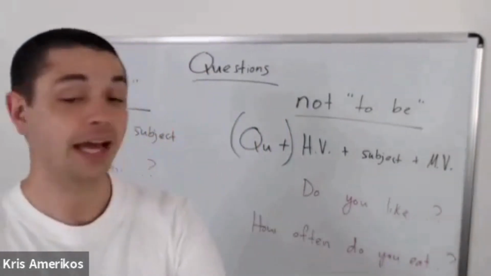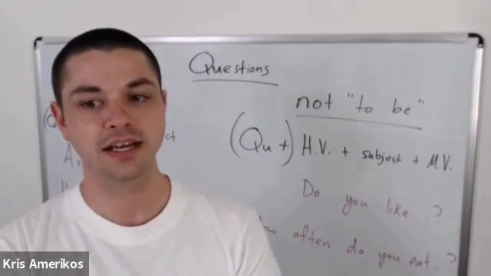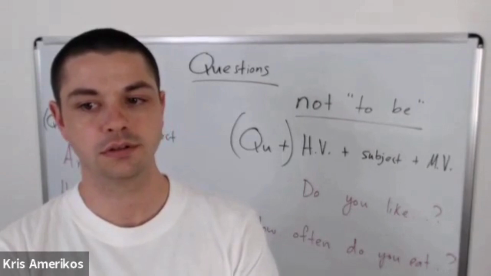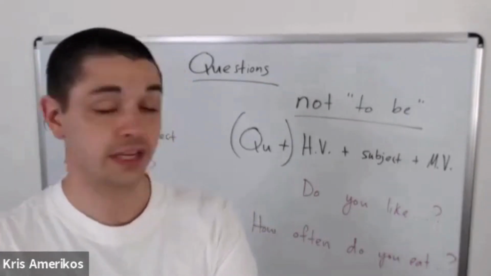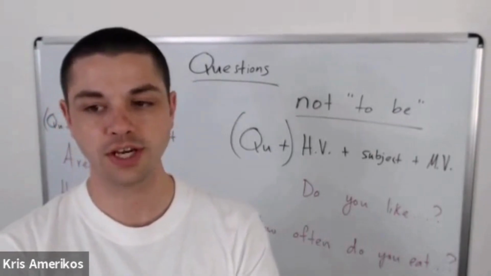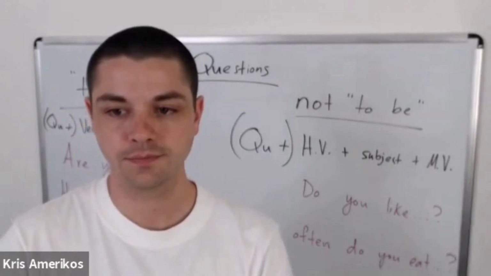Then we have a helping verb. Then we have the subject, and then we have the main verb. So just to write it again in one line: question word or phrase, helping verb, subject, and main verb.